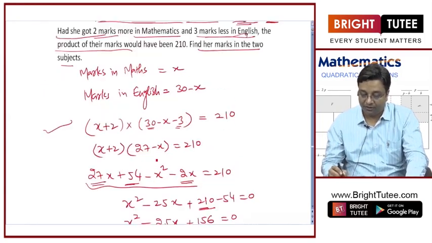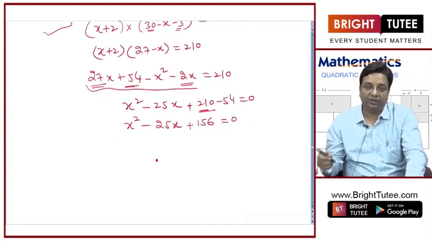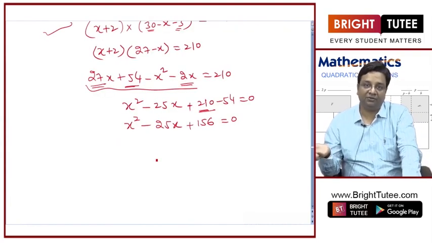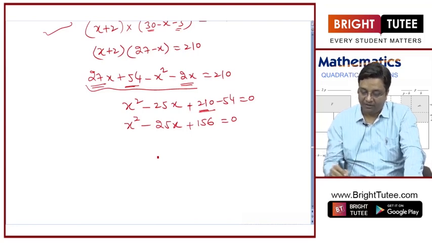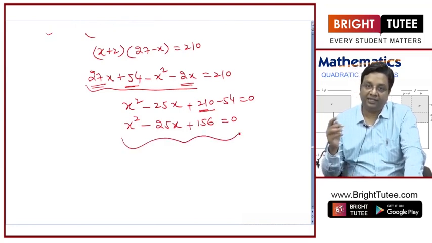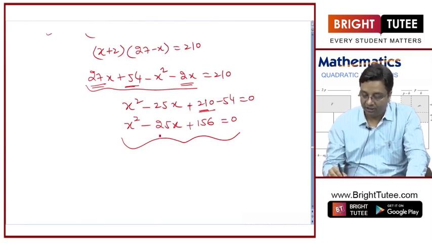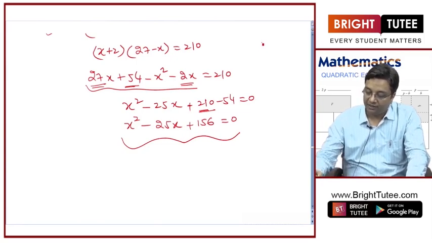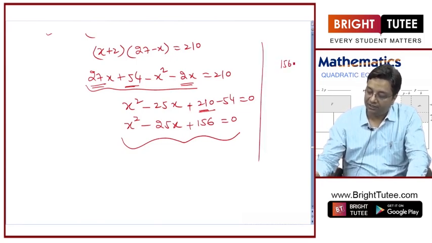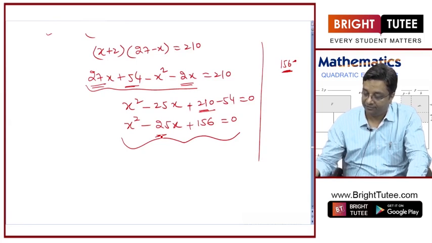So now just the factorization part, or what you can do is you can apply any of the methods you like, completing the square or direct formula. For this question I leave the factorization part to you. You just need to factorize 156 in such a way that it will give you the sum or difference like 25.